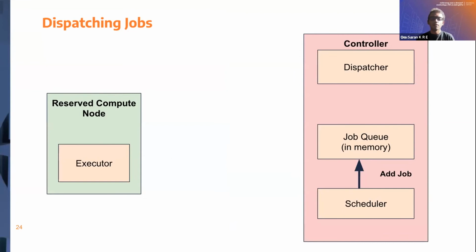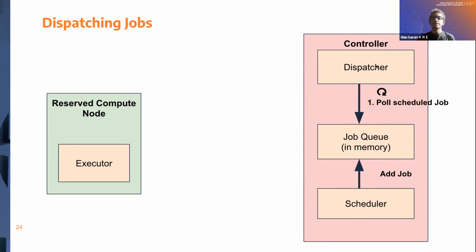So now on to dispatching the jobs. The jobs that have been scheduled need to run on the executor. We'll see how that is done in this slide. Previously we had seen that once a job is scheduled, it's added into the job queue. Now we have the dispatcher, which polls for scheduled jobs.